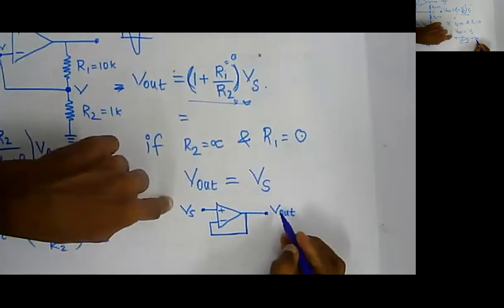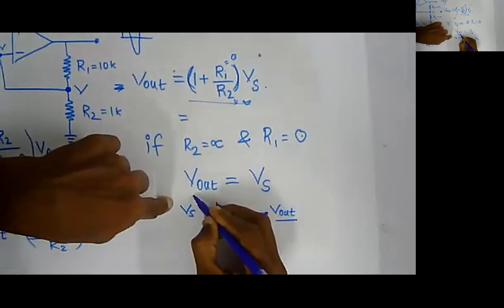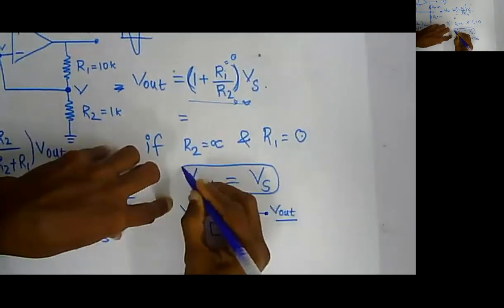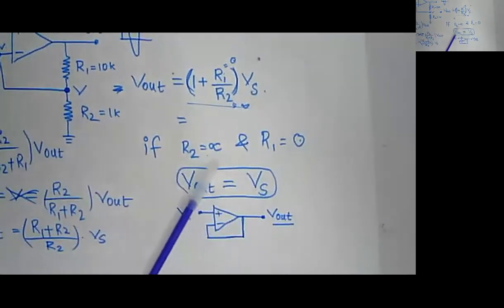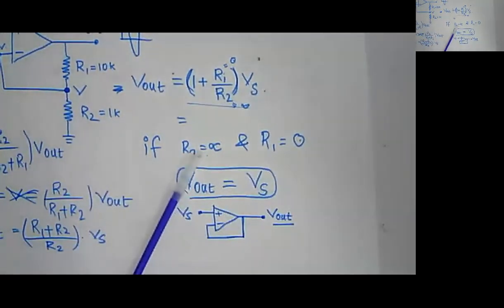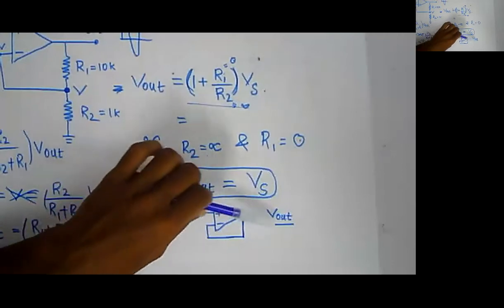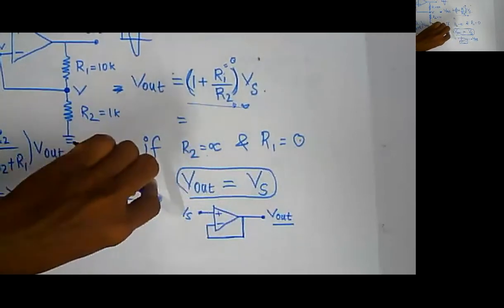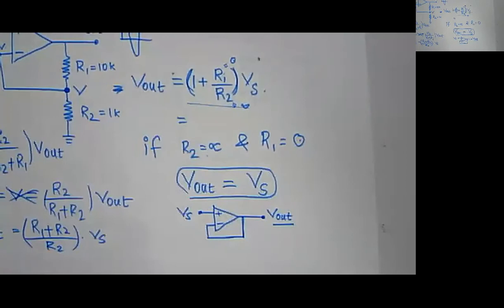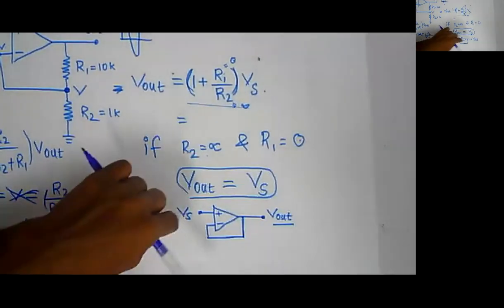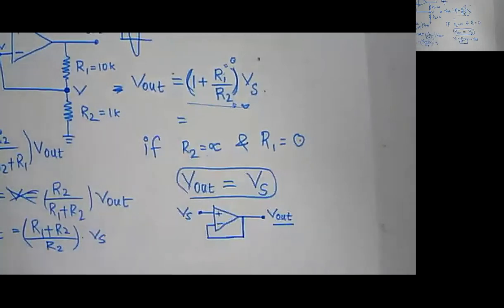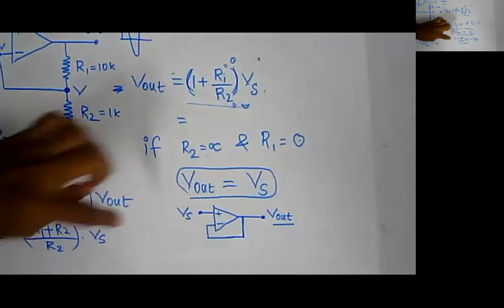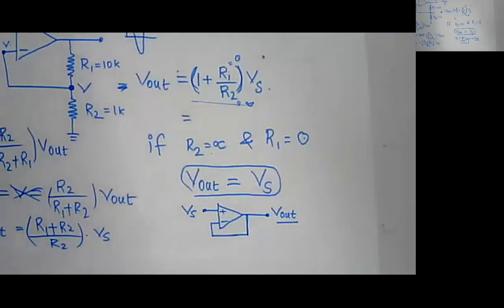At that point I can see that my V out is equal to Vs. So we can say that V out exactly produces the same Vs. It is called the voltage follower, because it just produces the same thing.